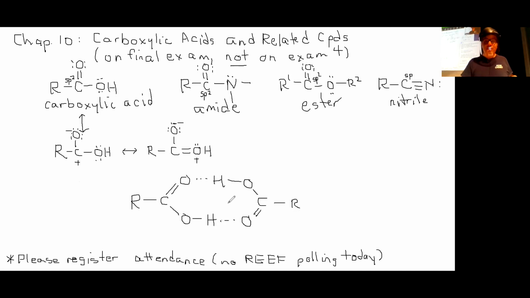That means that you need to put in extra energy in the form of heat to first of all separate these molecules from each other, and then to get them to go from the liquid state into the gas state. So carboxylic acids tend to have very high boiling points, at least compared to, say, alkanes or even alcohols of similar molecular weight, because you have to break apart these dimers.